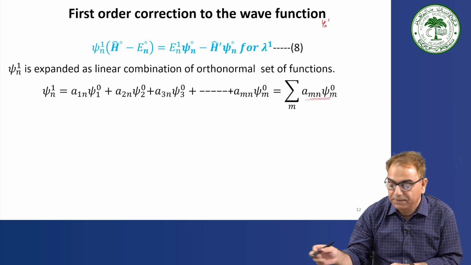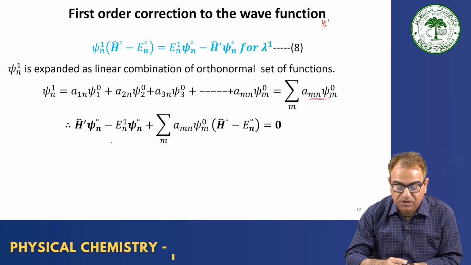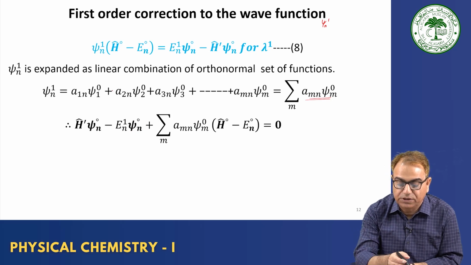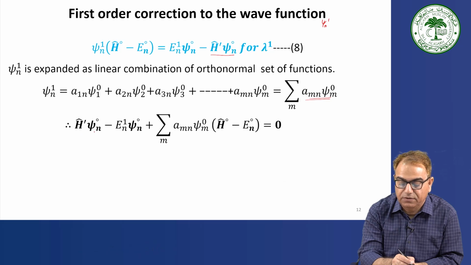This is the expansion of psi n1, and therefore H prime psi n naught minus En1 psi n naught could be written like this. It is the same equation as before. If you bring the right side to the left side, you have H prime psi n naught, then with a minus sign En1 psi n naught, and then psi n1 is expanded like this.